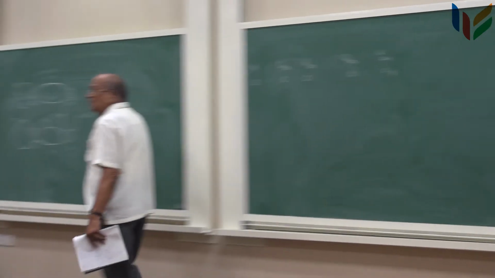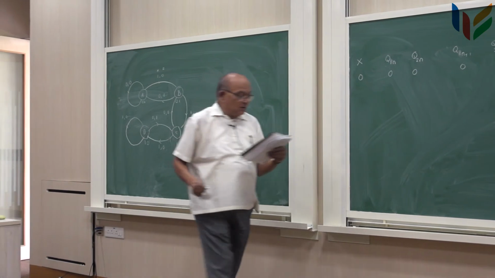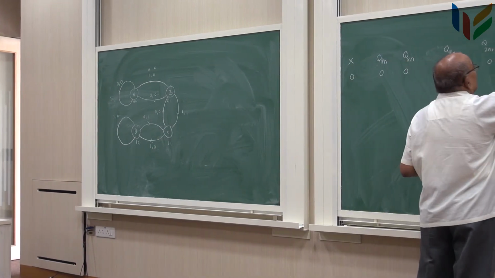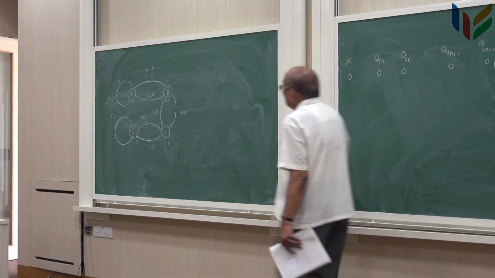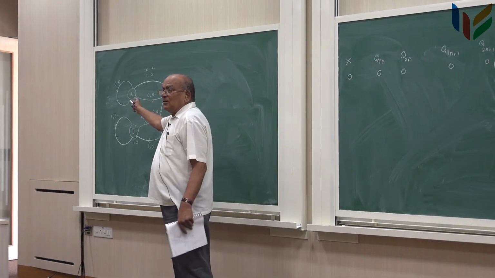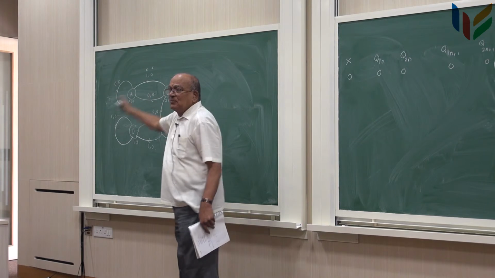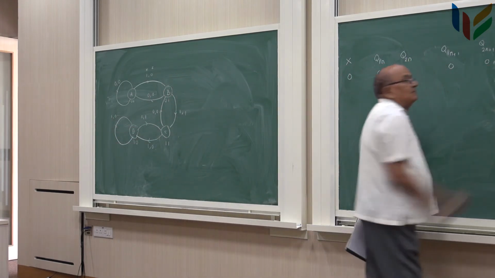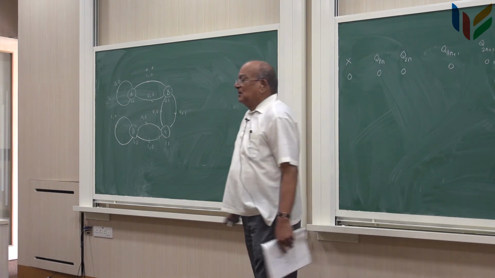Same diagram, written as a truth table. Then you have z. What z comes from according to the description? z will be 0. Okay.